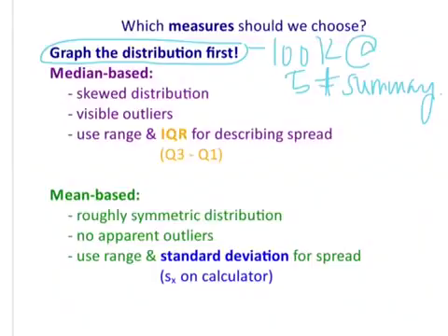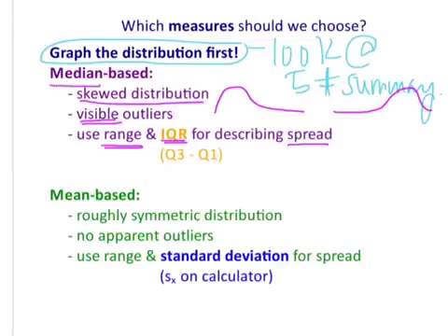If you have a skewed distribution, meaning it looks something like this or like this, or if you have visible outliers, like that 34 in my data set, you want to use the range and IQR to describe the spread and the median to describe the center. So once again, if you have a skewed distribution, you want to use the median for center and the IQR and range for spread. Shape and outliers are the same.